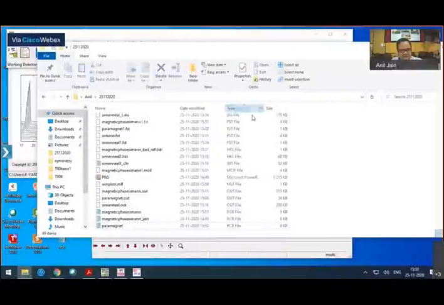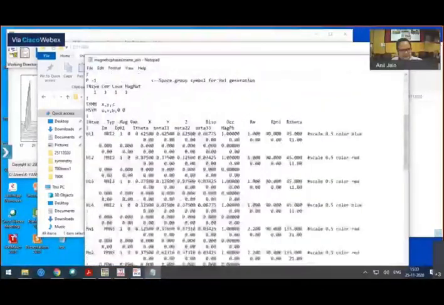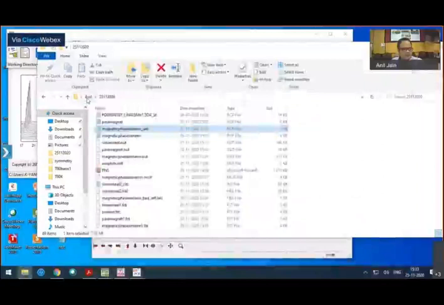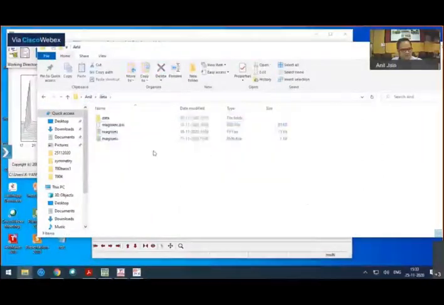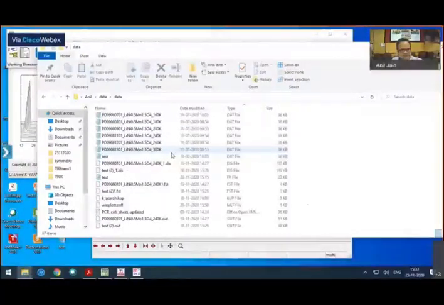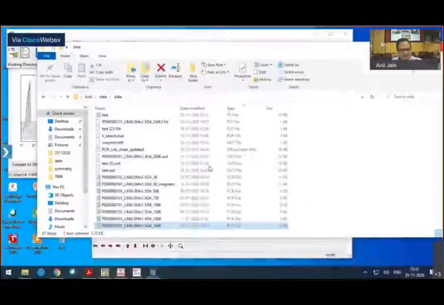Let me see if I have it here. I tried to make it today. No, it is with more equal to 1. So let us see the files. This is the paramagnetic phase.